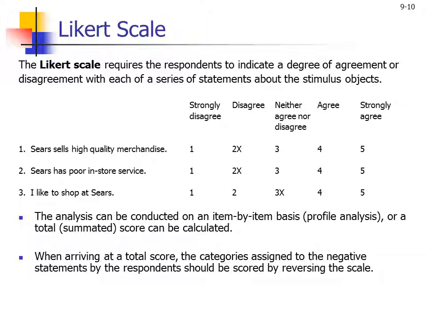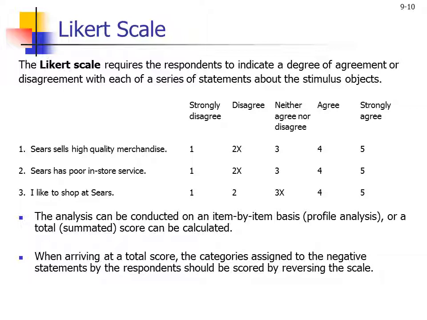We illustrate with a Likert scale for evaluating attitudes toward Sears in the context of the department store project. The Likert scale has some instructions, like: listed here are different opinions about Sears.